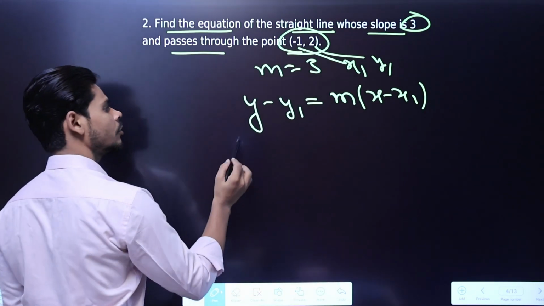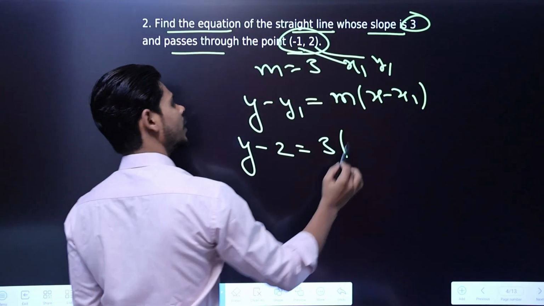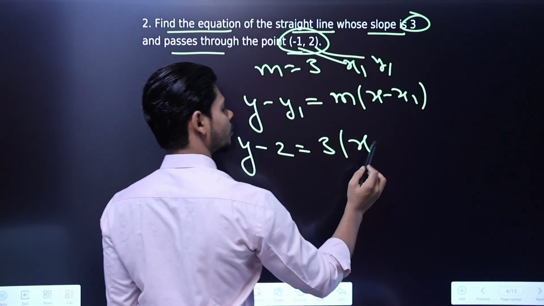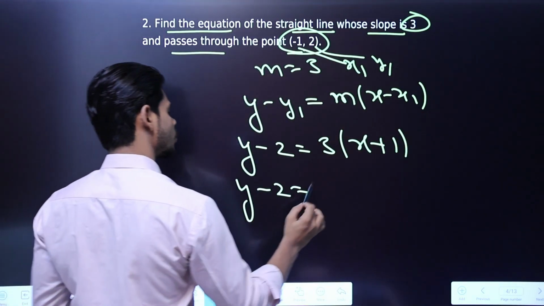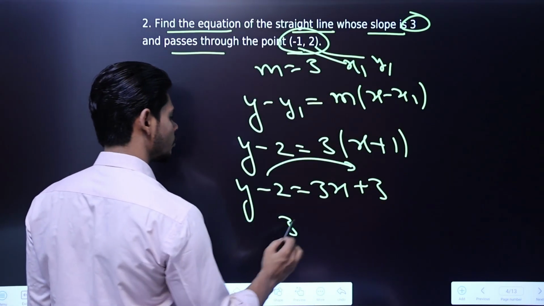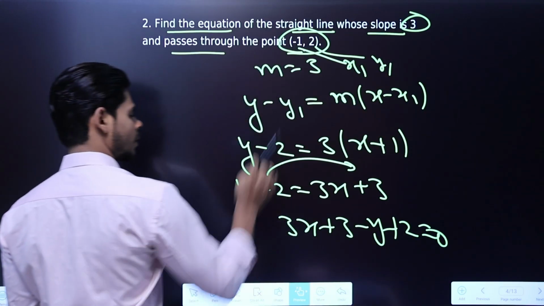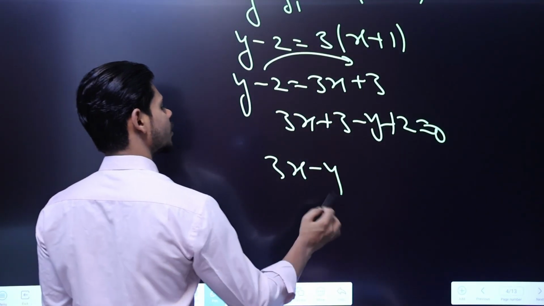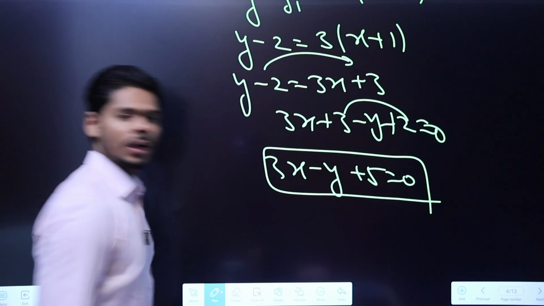Let's substitute the values. y minus y1 is 2 is equal to m is 3, then x minus x1 is minus 1, so minus becomes plus. Now let's solve it. So y minus 2 is equal to 3x plus 3. Transpose these two terms to the right hand side, so it becomes 3x plus 3 minus y plus 2 equal to 0. Now write in standard form, so it will become 3x minus y plus 5. So this is your final form of the equation.